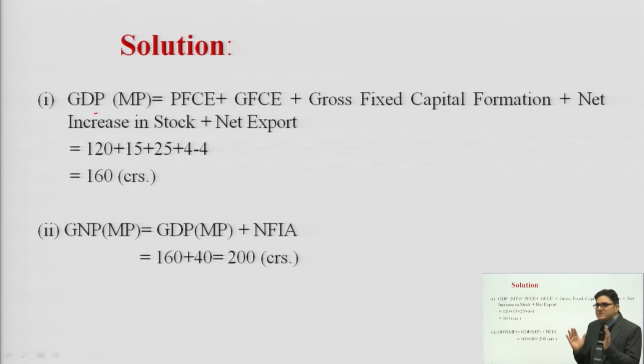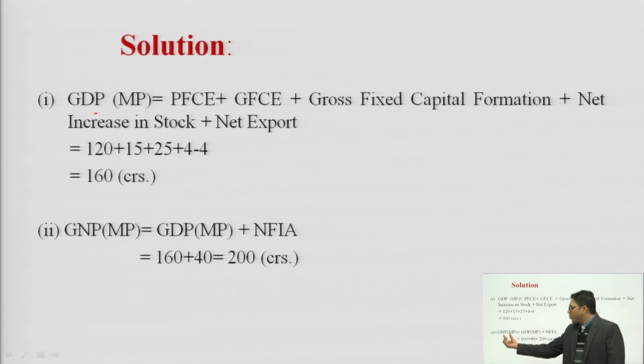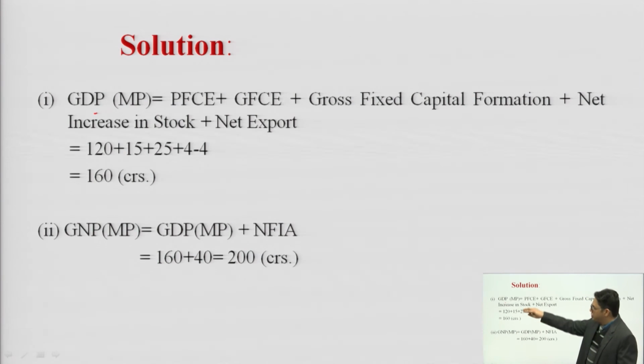So, we need to realize and understand where we have to move from GDP at MP to what the question is demanding. The question is demanding GNP at MP. I mean to say we have to shift from domestic to national.